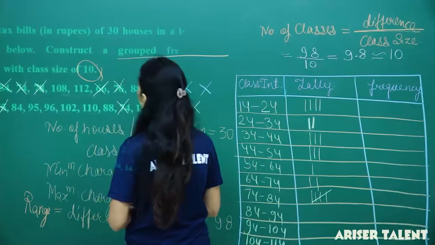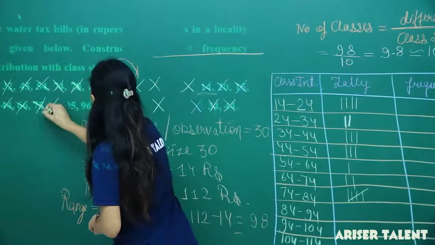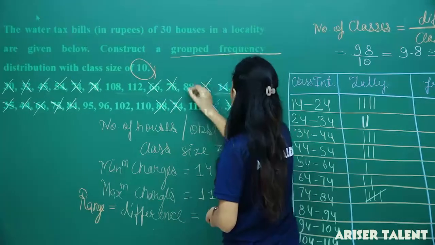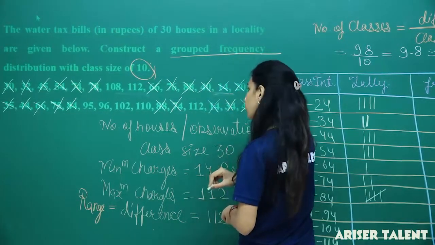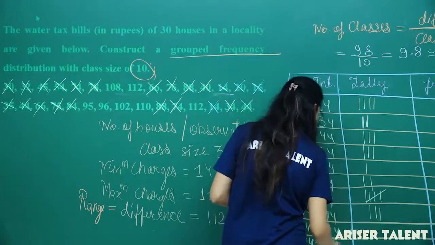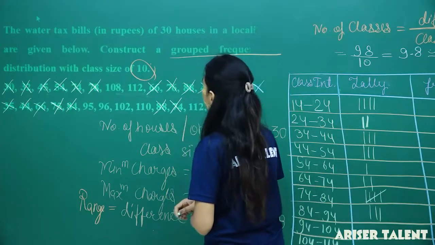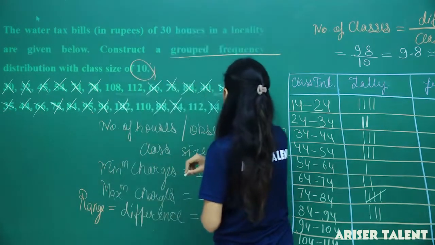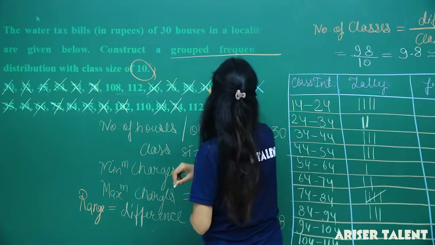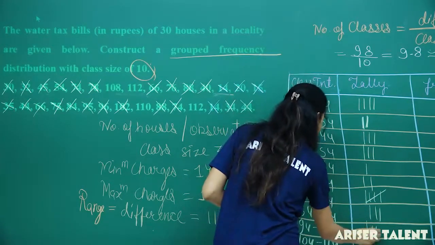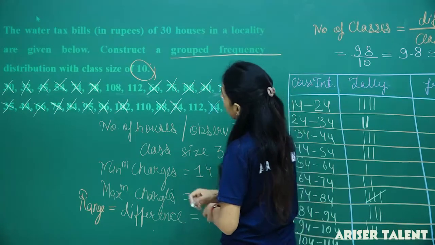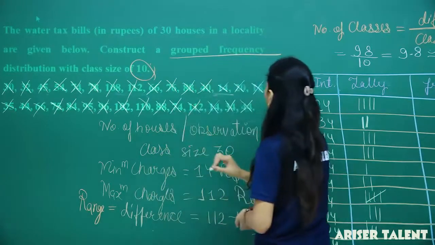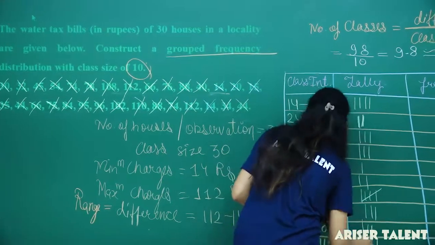Now 84 to 94. 1, 2, 3. Okay. Then 94 to 104. 1, 2, 3. Then 104 to 114. 1, 2, 3, and 4. So, have I left anything?